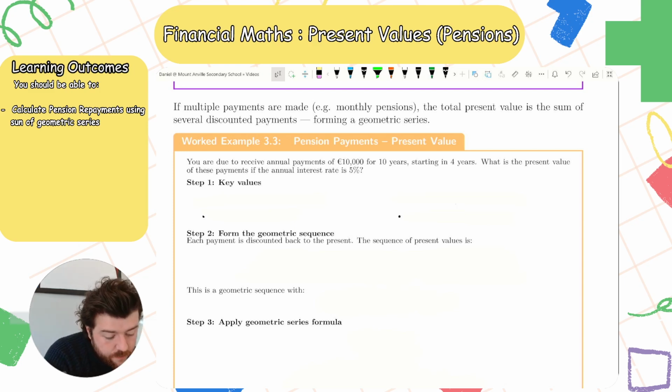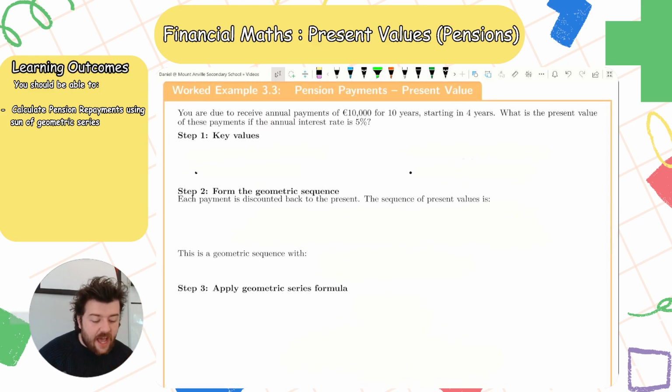So what I need to do here is find the present value of my pension. If I'm making X amount of payments into my pension, the sum of all those present values equals what I need at the start of my pension. So let's have a look here.